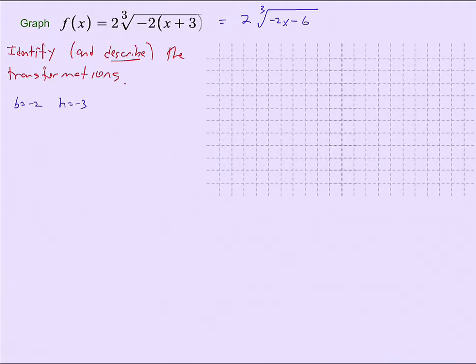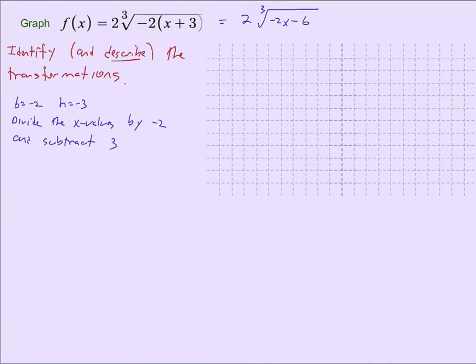And so actually writing down these words is important. It's part of your job. If you don't write these words down, don't expect to get full credit. b is -2, h is -3, which means we are going to divide the x values by -2, which is going to flip them backwards, by the way, and then subtract 3.